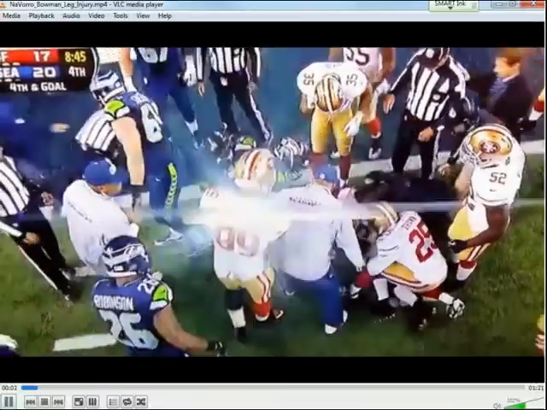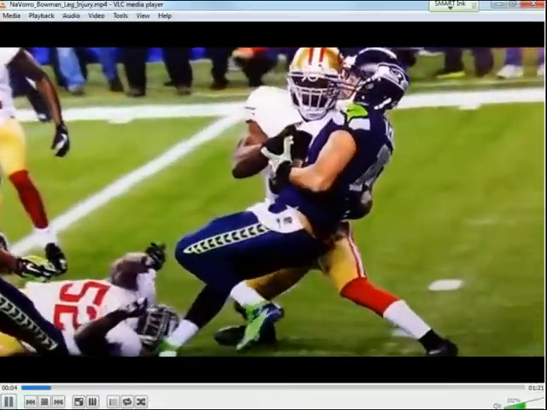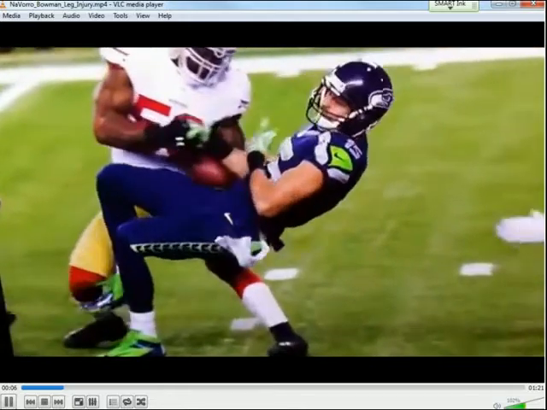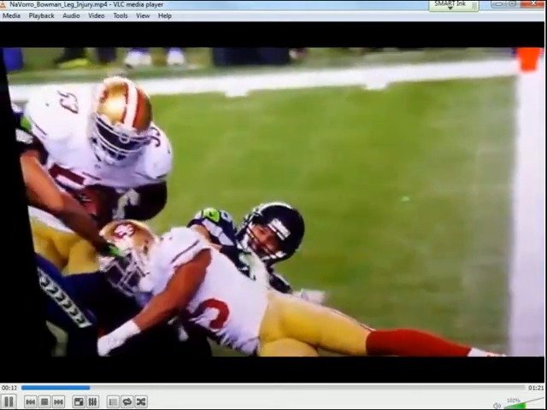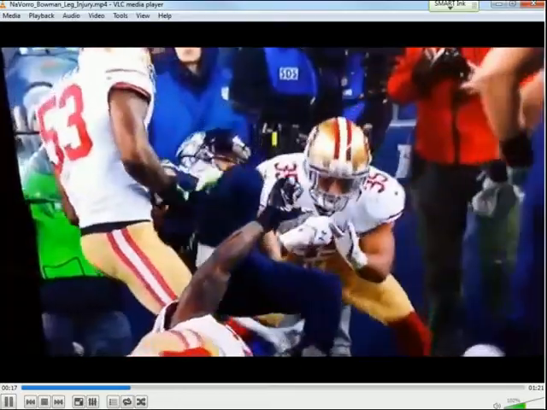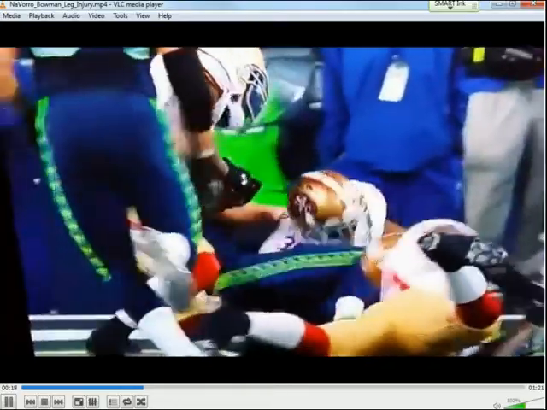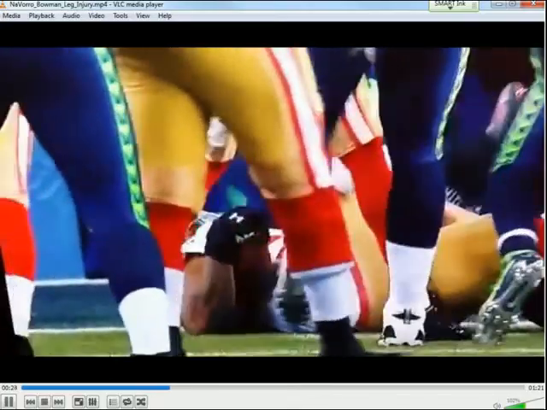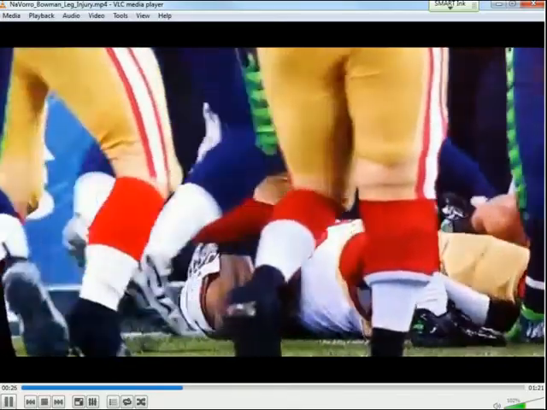Here we have a video from the 2013 NFC Conference Championship game. You can see Navarro Bowman, number 53 for the 49ers. As you can tell from this video, he gets hit from the outside of the leg, what we typically refer to as a valgus stress on the knee, which causes the knee to open up on the medial aspect.